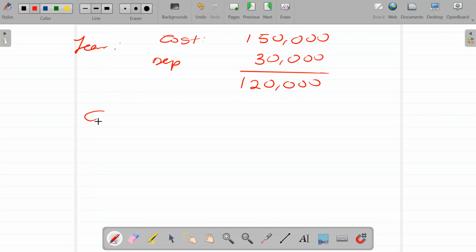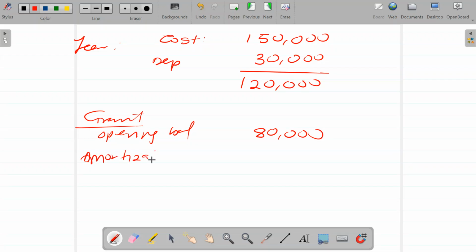Then we come to the grant. The opening balance is 80,000. Amortization is 80,000 divided by 5.